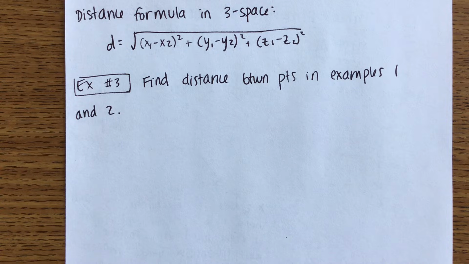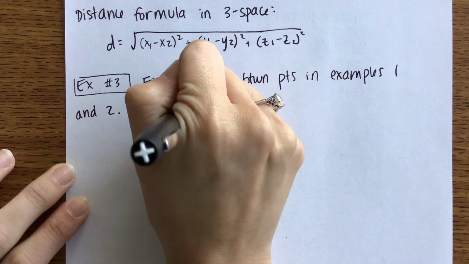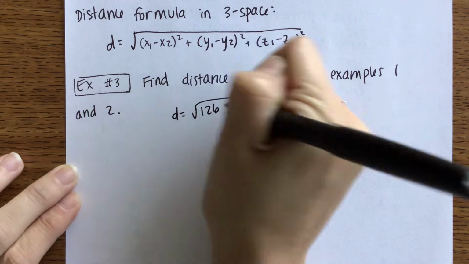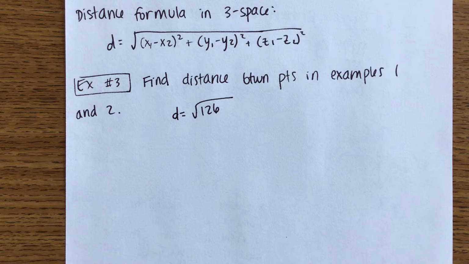When you have an answer, check with the person next to you, please. I got the square root of 126. Yes. Okay, everybody good? Okay, can we move on?